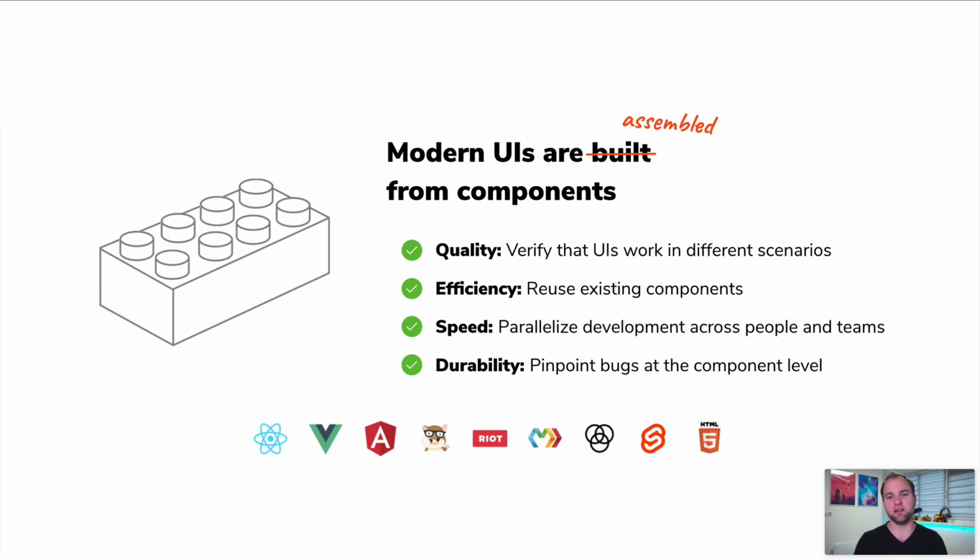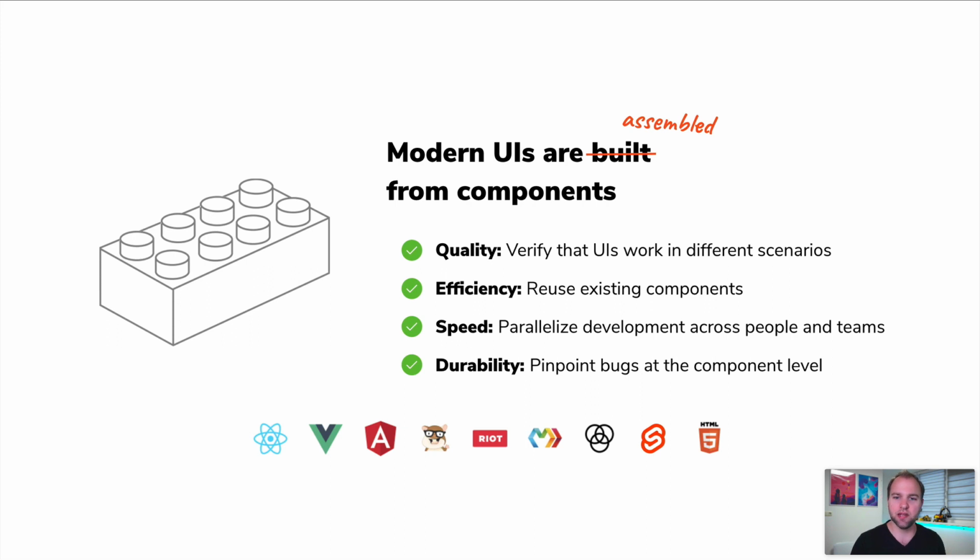Then speed: you can actually parallelize the development of components across people within your team, but also across teams, which is a pretty big deal for big companies which have multiple software engineering teams working together to build a plethora of apps that all have to look familiar and similar and preferably use the exact same components all over the place, right?